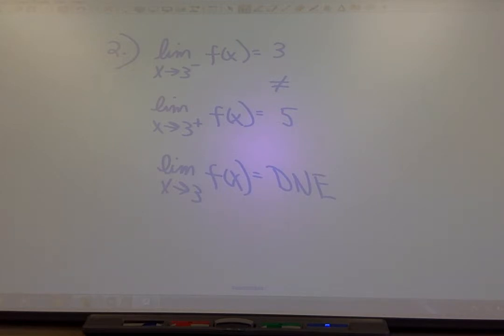What would you say about 8? What's the left-hand limit if you get close to 0? 2. What about the right-hand limit as you get close to 0 from the right? 2. What's the limit as you get close to 0, period? 2. We're in agreement. Those are easy questions with the graphs, right? Nice. Okay.